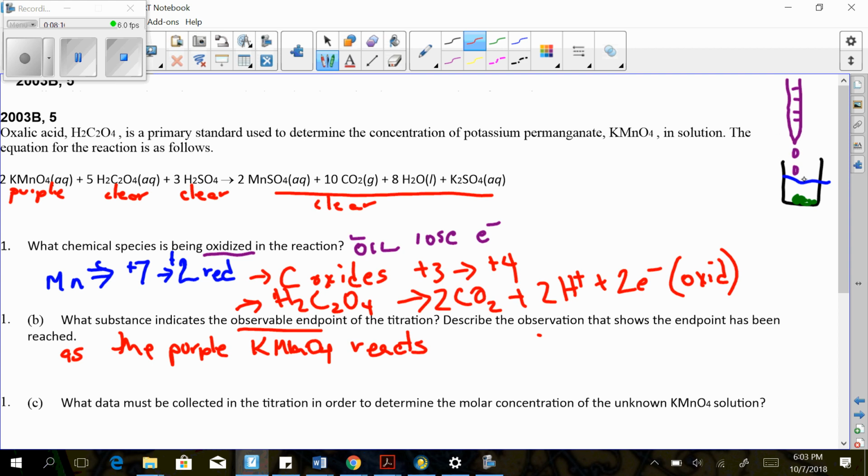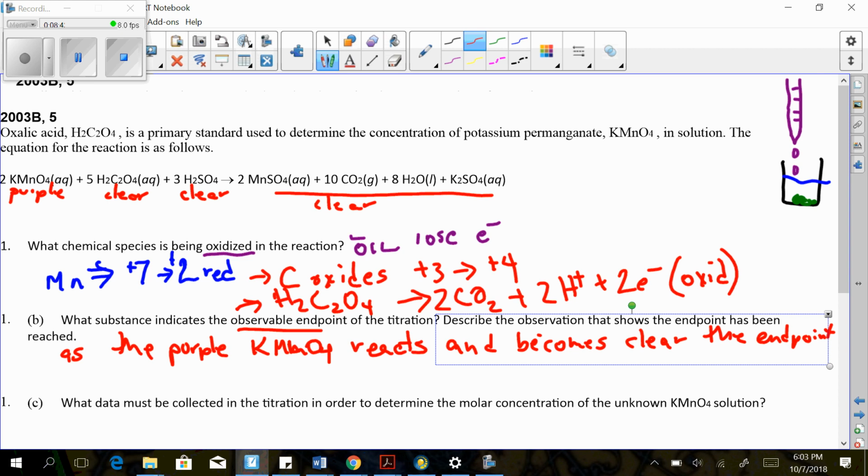As it comes into the solution, it changes from purple. As soon as it hits the solution, it reacts and it goes colorless. And so as the purple permanganate reacts and becomes clear, the endpoint.